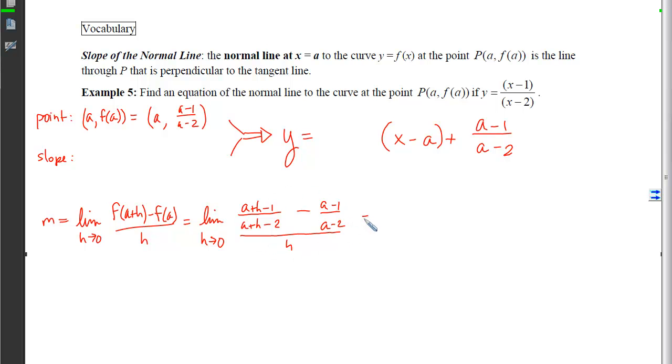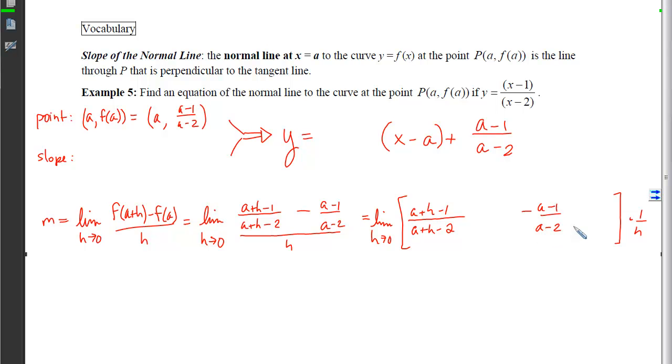Now looking at this, it's pretty darn complicated. So I'm going to use that trick that I used before, which is dividing by h is the same as multiplying by the reciprocal of h. And then I'm also going to be looking for a common denominator for these two. So don't drop the limit because I haven't computed the limit yet. I'm going to have the tops times that reciprocal of h. On the top I have an a plus an h minus a 1 over an a plus an h minus a 2, and then I'm going to subtract an a minus a 1 over an a minus a 2.